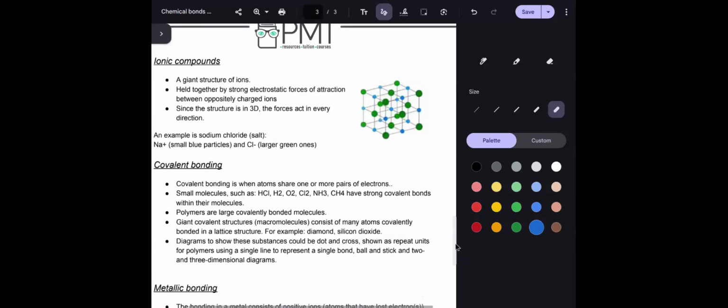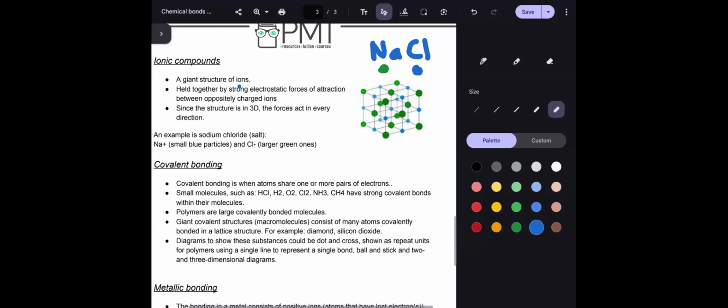Oh, here's a giant ionic structure. Remember I said that sodium chloride is not made up of just one sodium and chlorine atom, right? It's made up of hundreds or thousands of sodium and chloride atoms. So think of the green balls as sodium and the blue little balls or dots as chlorine, right?